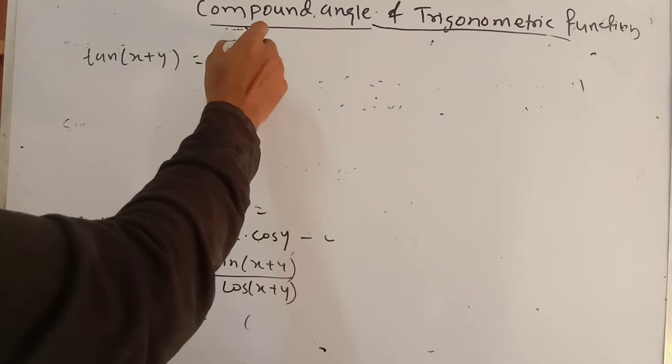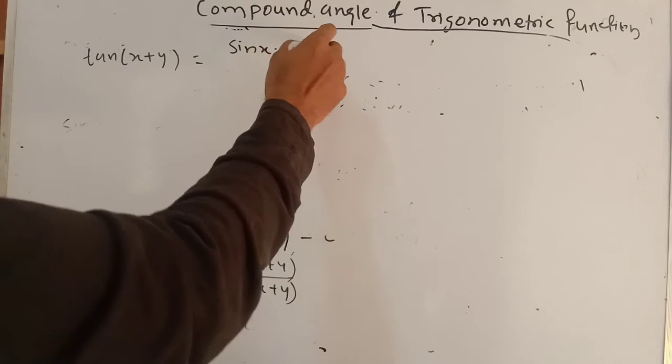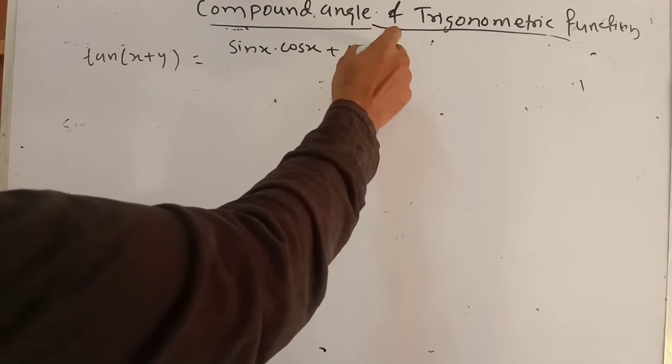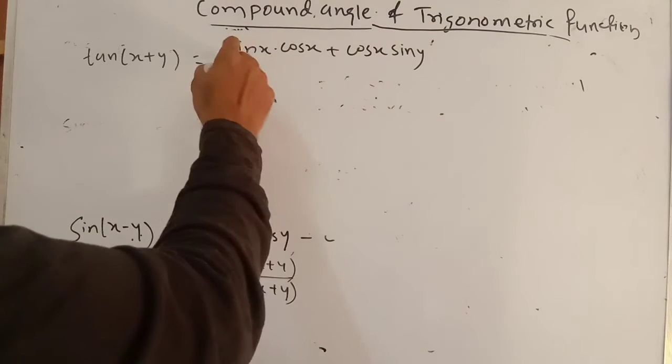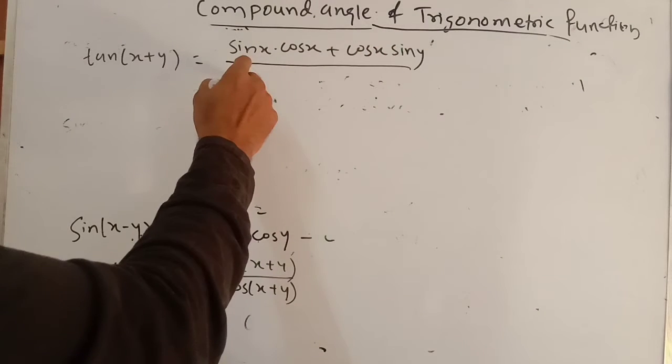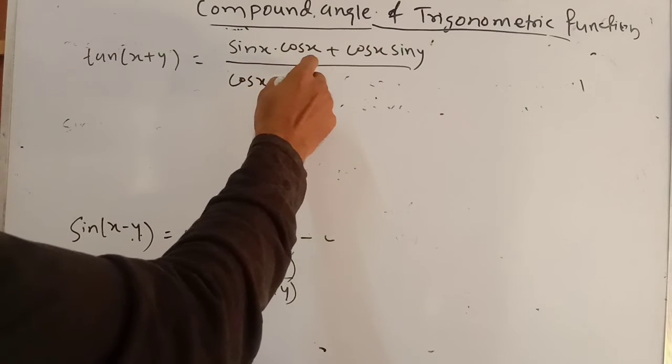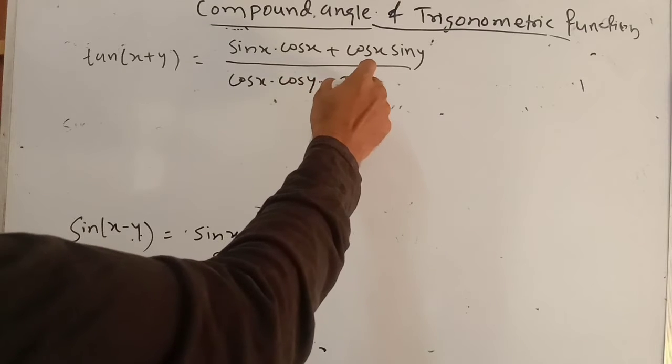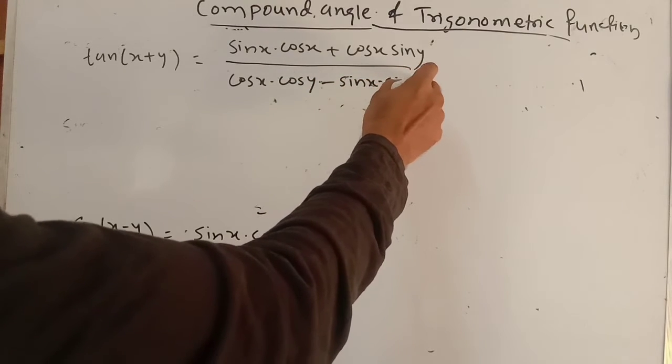So we know that sin of x plus y equals sin x cos y plus cos x sin y. Okay, similarly cos of x plus y equals cos x into cos y minus sin x into sin y.